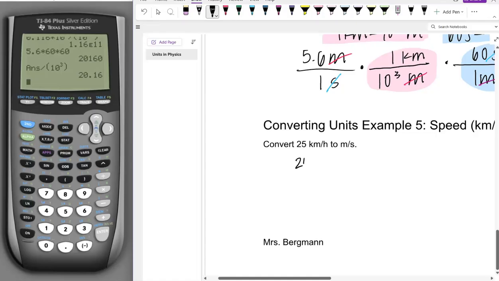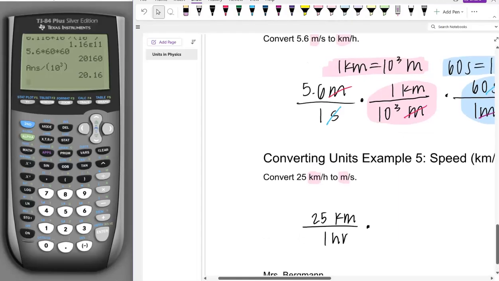Just like before, you're going to start with the given 25 kilometers per 1 hour in the first fraction. And we'll go ahead and convert our distance units first. We know just from the last problem and from the table that 1 kilometer equals 10 to the third meters.